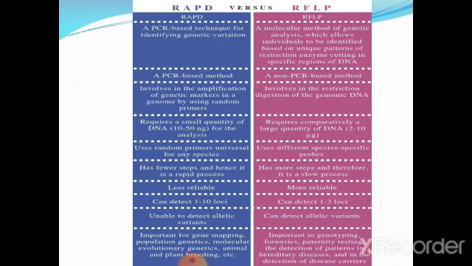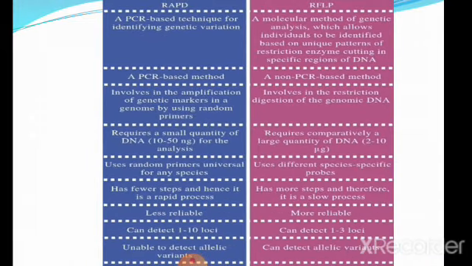This slide will just compare the RAPD and RFLP techniques. Let us see one by one. I'll just zoom it. RAPD is basically a PCR based technique for identifying genetic variation. But RFLP is a molecular method of genetic analysis which allows individuals to be identified based on unique patterns of restriction enzyme cutting in specific regions of DNA.